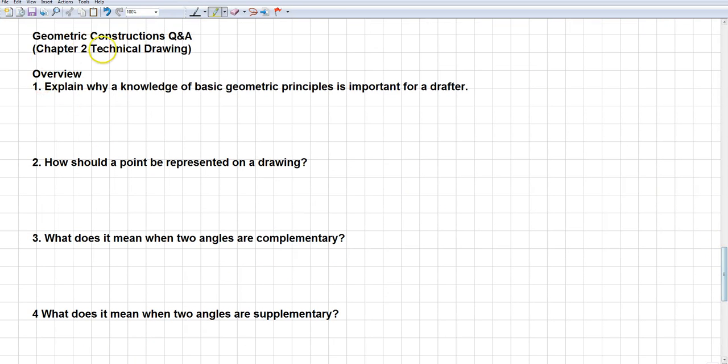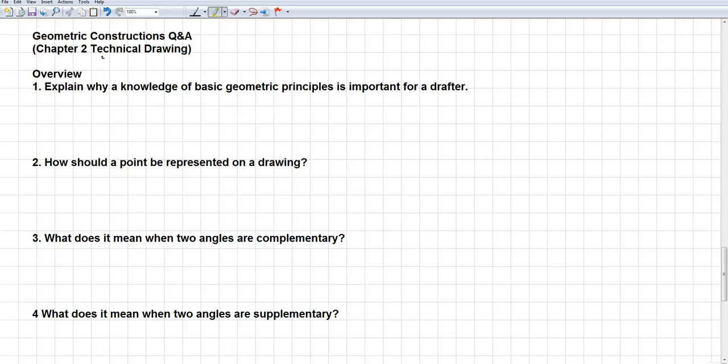Now the first question is, explain why the knowledge of basic geometric principles is important for a drafter. Now some of you might say, hey, why do I need to go through all that? I'm just going to use AutoCAD, and AutoCAD makes drafting so easy, right? But you don't always have access to AutoCAD.